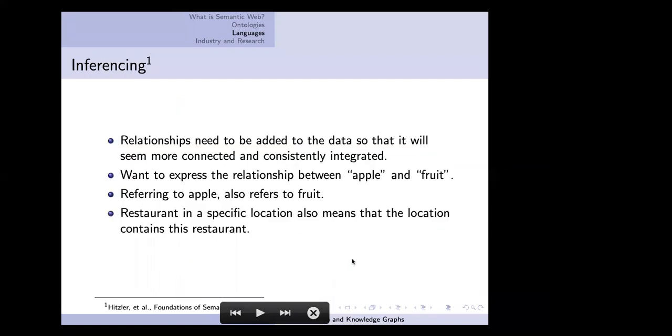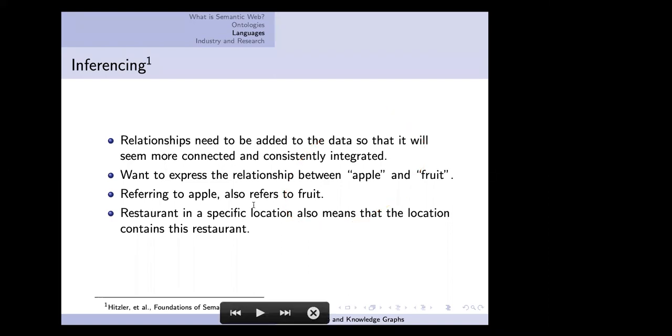Yeah, so then what really gets interesting, and this is also where the fun starts for us in research, is when we start thinking about inferencing, because it's all well if you can connect that in a graph, but what if you're trying to automatically infer new information?